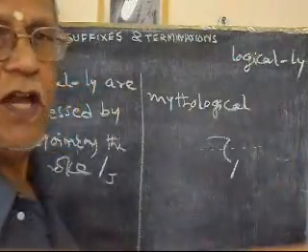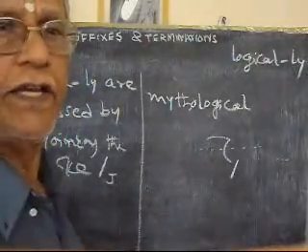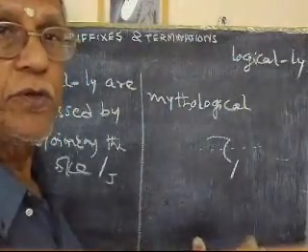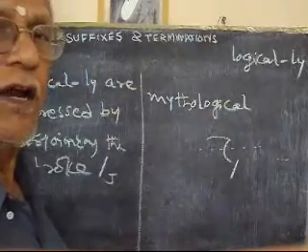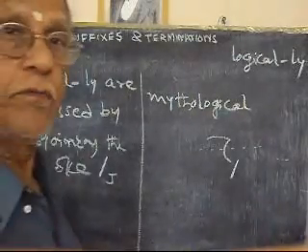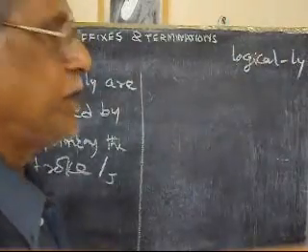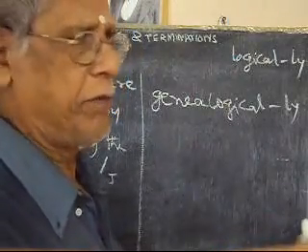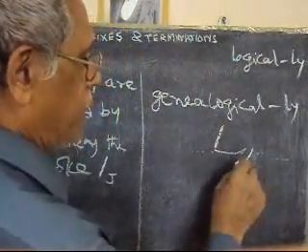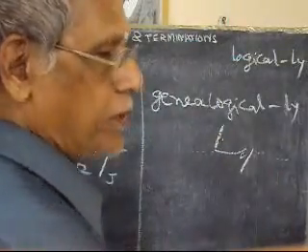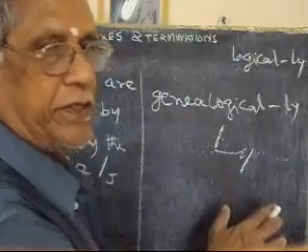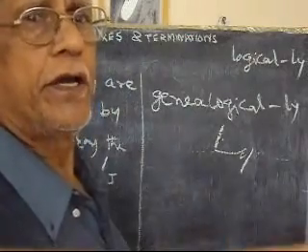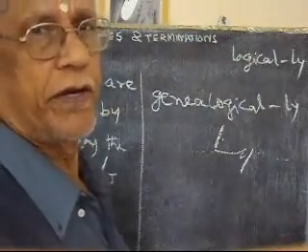According to the context, you put the suitable word, logical or logically, mythologically or mythological, genealogical or genealogically. Same outline, same outline. You write the outlines first always, then you put the vowel signs. According to the context in the sentence, you put the suitable word.